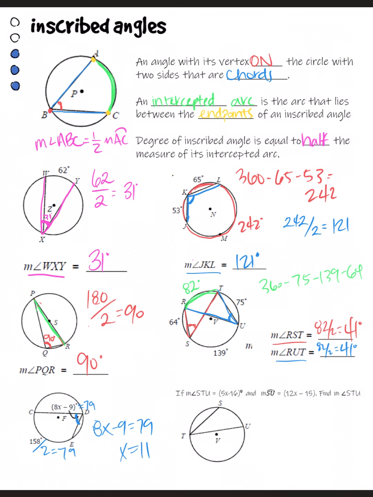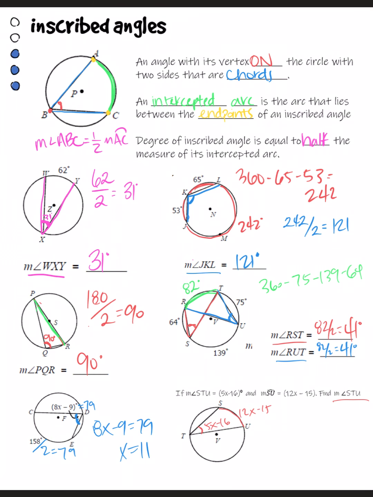All right, if the measure of STU, so this one right here, is 5x minus 16, and our arc is 12x minus 15, we want to find the measure of STU. So first we need to find x. We know again that this is half of this, or this is 2 times this.